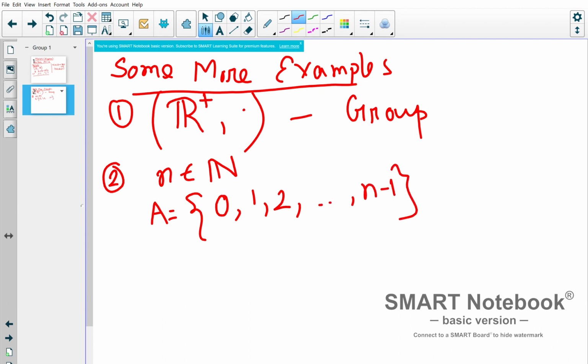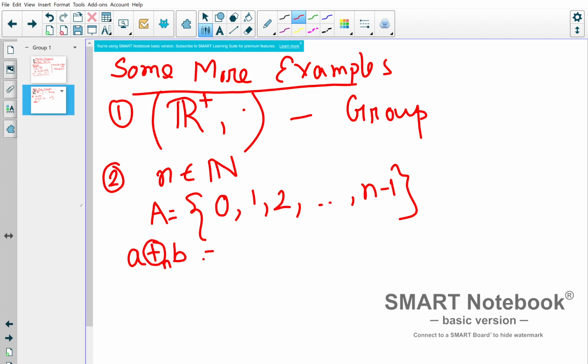Now in this set you are defining an operation. You have a, and you choose another number b, and then you take addition, something like that. So let me define it by this, with n. This is addition modulo n. What does that mean?